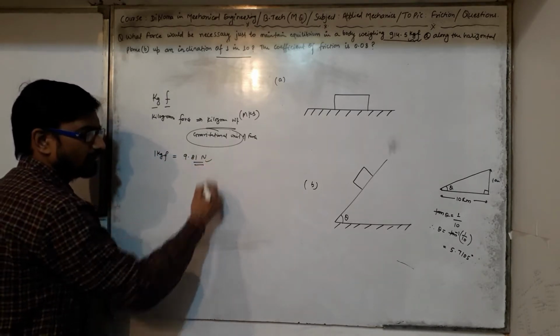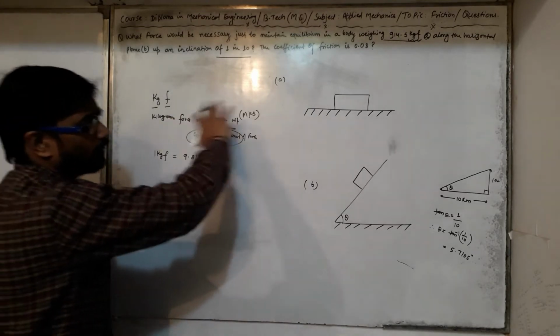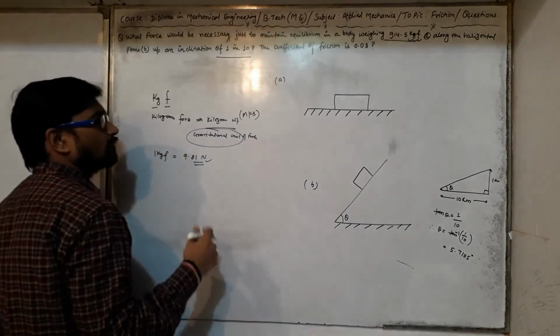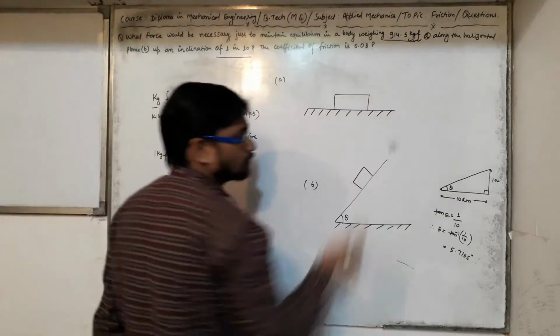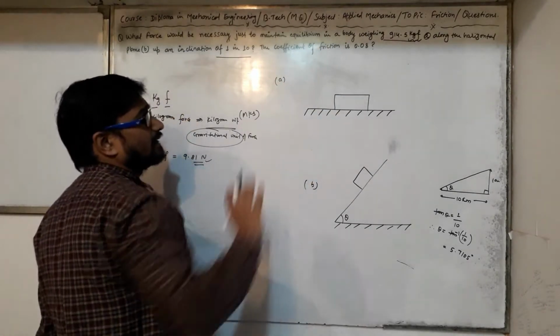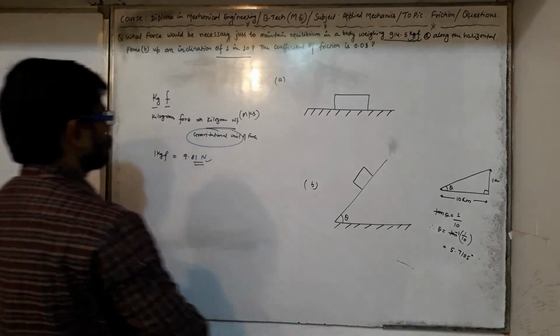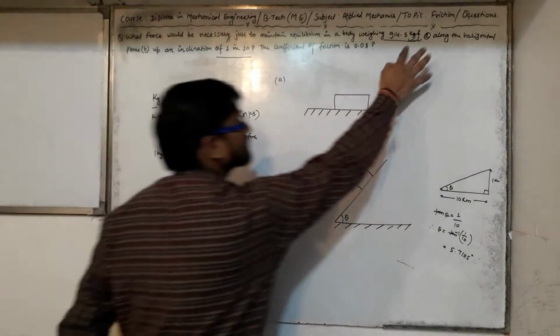As you know, Newton is the SI unit. So in the whole process, I would not like to change it into Dyne or Newton. I am keeping it as it is, kgf. Don't bother about this value.